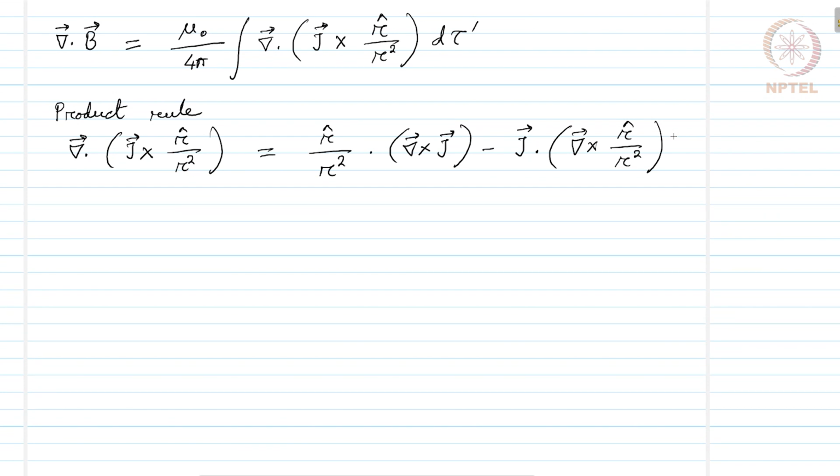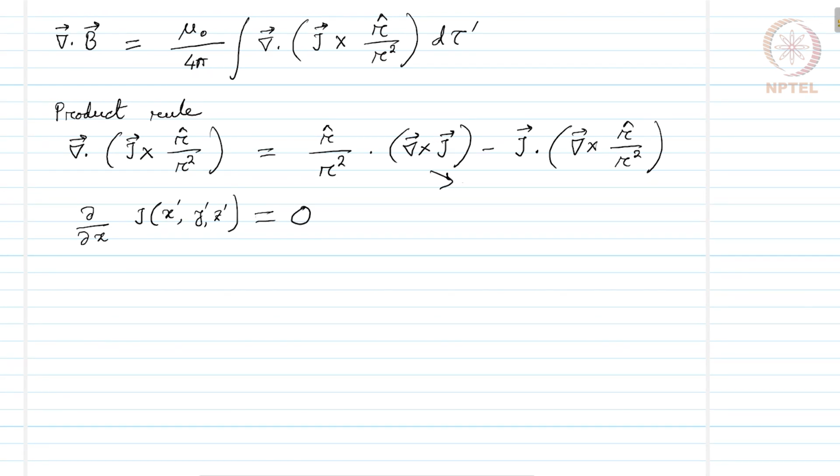Now, what is the curl of j? J is a function in the primed coordinate system and curl is an operator in the unprimed coordinate system. So, we will have terms like del x of j, that is not a function of x at all, and this kind of terms will go to 0.